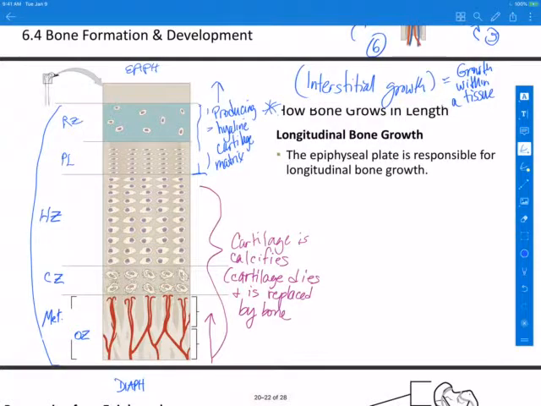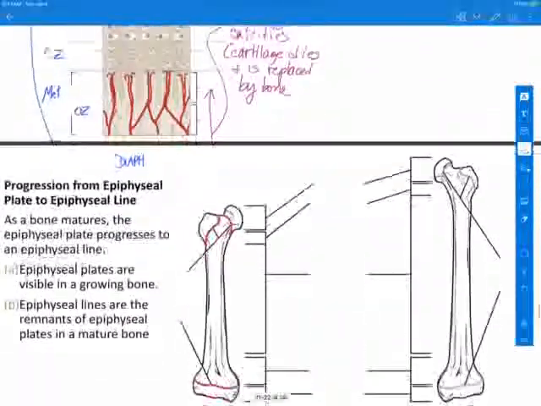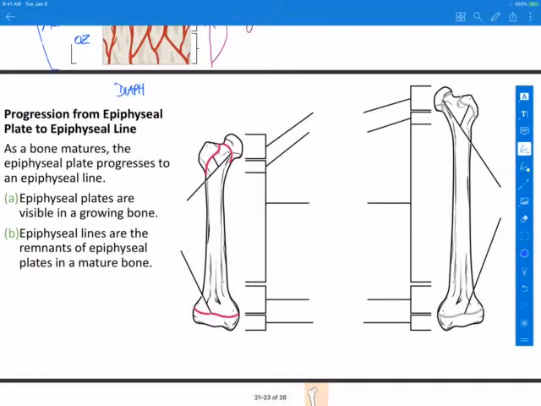Just so you know, though, bones don't only grow in length. They also grow in width. If they didn't grow in both directions, then we'd end up with really skinny bones, and they wouldn't be very thick at all. So it's worth mentioning that there are actually two ways that the dimensions change.